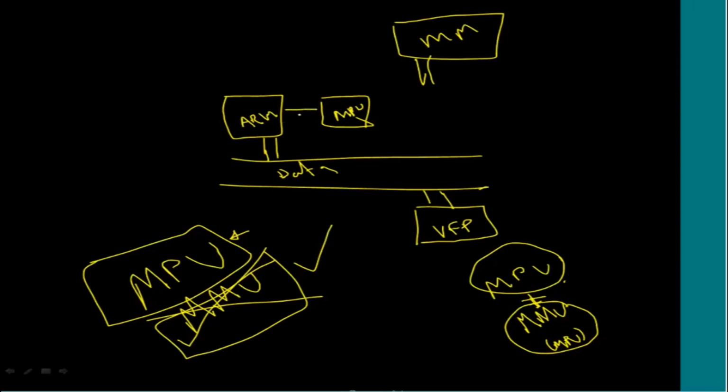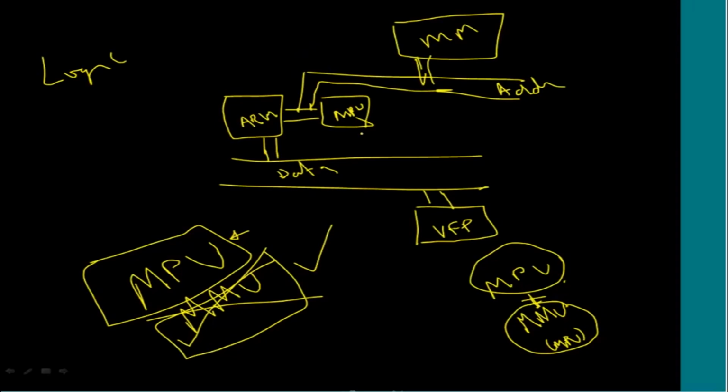In that case, the address bus that goes into the MPU is also going into the memory. This is the address bus. Because there is no logical memory or physical memory, or virtual memory, those concepts are not there when we are talking about the MPU as an independent unit in the system.